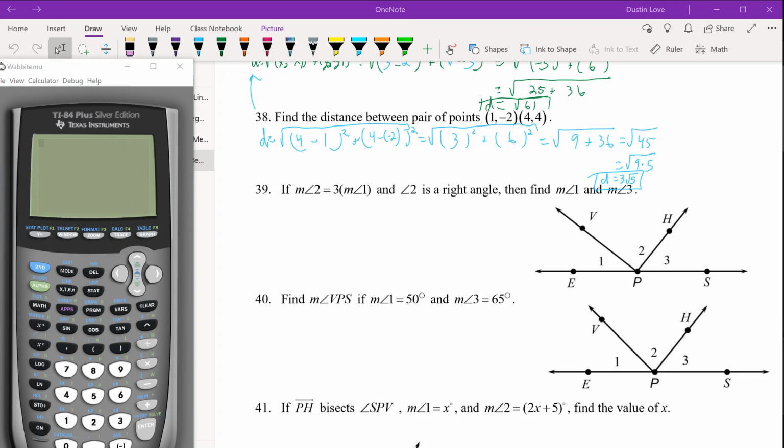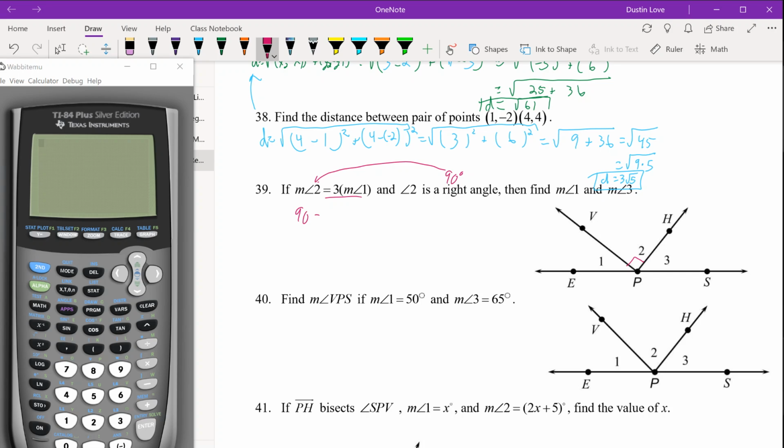All right, moving on to number 39. We can see that the measure of angle 2 is equal to 3 times the measure of angle 1, and that angle 2 is a right angle. So I can go ahead and put in here that angle 2 is 90 degrees. And I can use this fact to substitute the 90 into that equation.